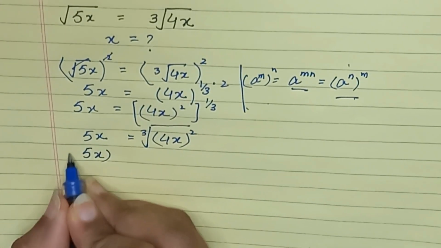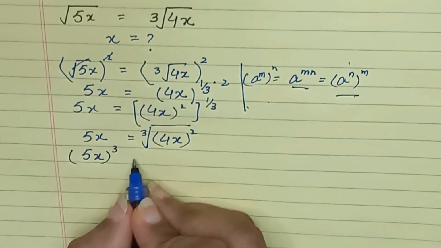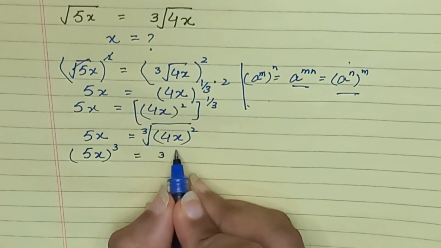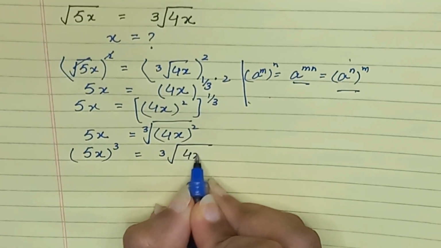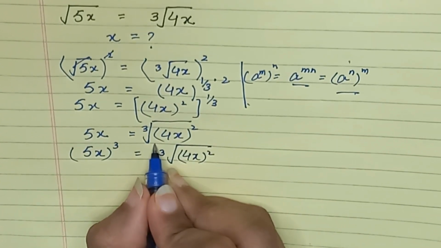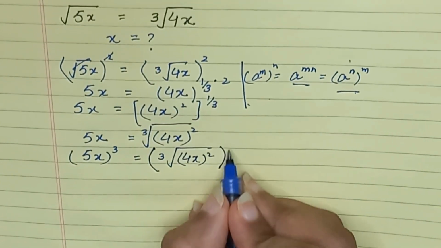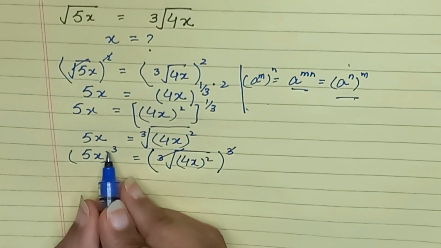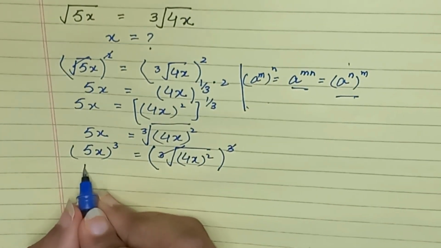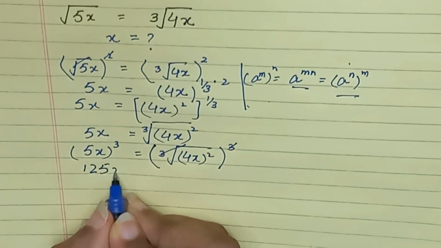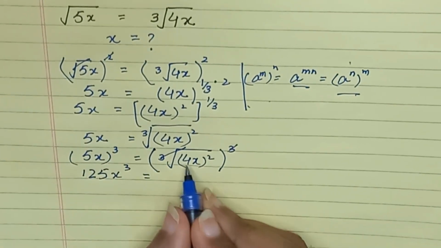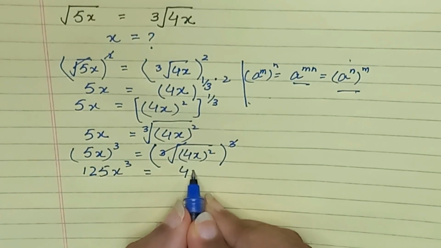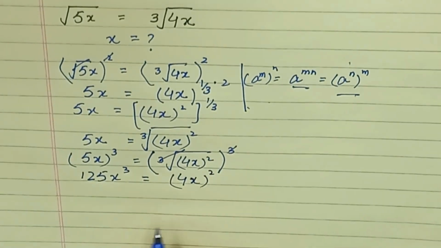So it will become 5x raised to the power 3 which is equal to cube root of 4x square and its whole cube. So cube and cube root will be cancelled out, and 5x cube will be equal to 125x cube, and from here we have remaining 4x whole square.